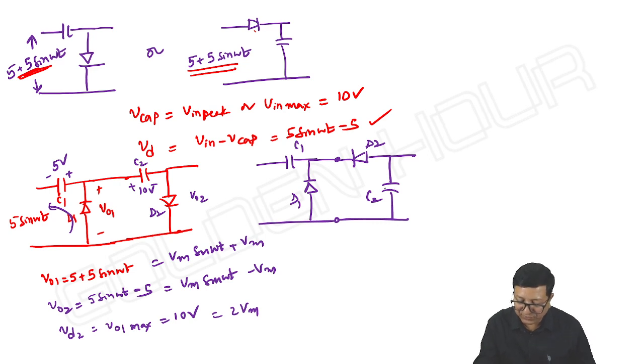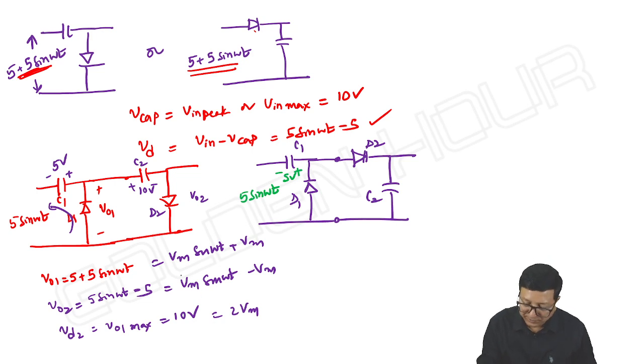Now what is voltage across C2? If I give here 5 sin omega t, then it is plus minus 5 volt, and here, oh, I should change the direction of the diode, no?